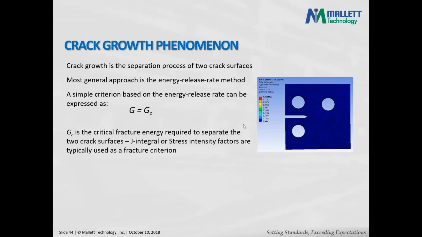And here's another example. As you can see here, the crack growth is calculated when the critical fracture energy is reached, and ANSYS can calculate a path that's not in mode 1 only.